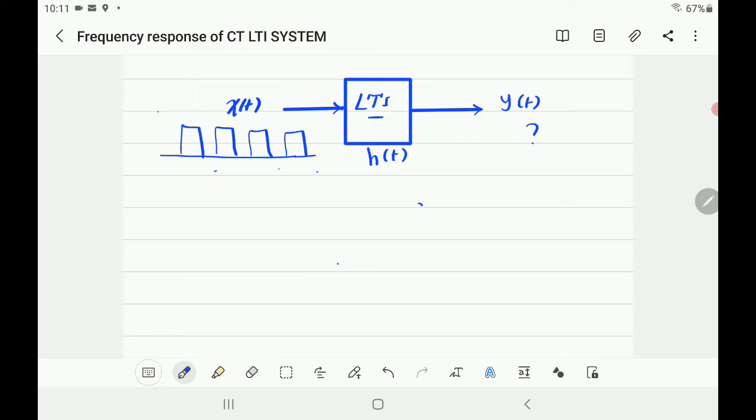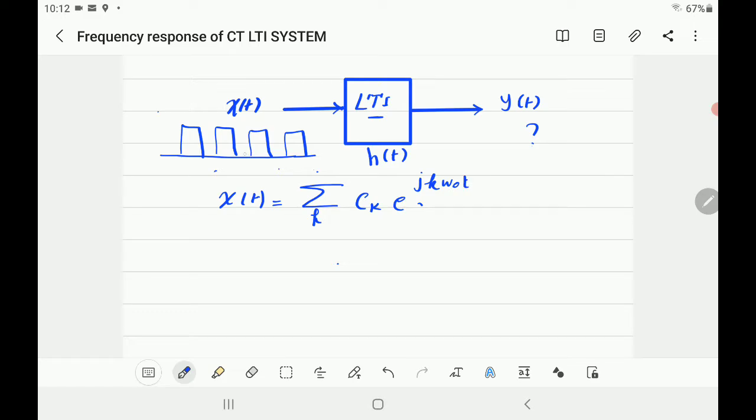Well, here you're going to apply what you learned before in the course: Fourier series. Any periodic signal can be represented as a Fourier series. In this case, you can use, for example, the exponential one. So x of t in Fourier series is equal to the summation over k of c_k e to the power of j k omega naught t, where omega naught is the fundamental frequency.